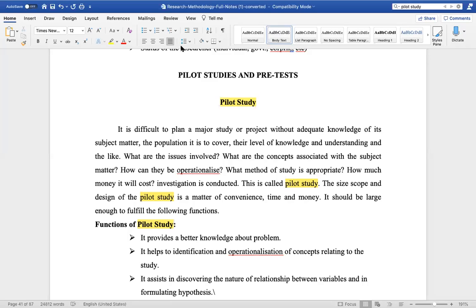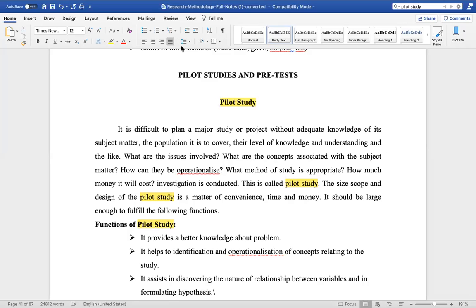This test study, pre-test study, is actually called a pilot study. It will help me know if the research will materialize in the way I want. And I may have an idea if people are willing to fill, if people will be able to fill, how much it will cost me, what kind of responses I am getting, etc.